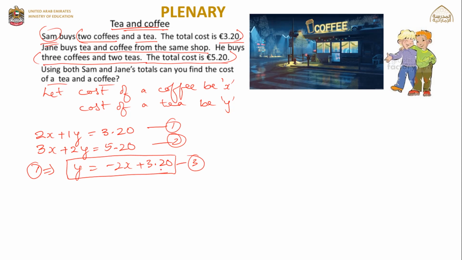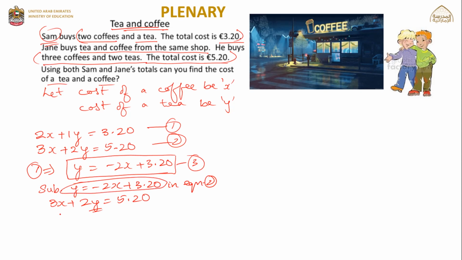Then we are going to substitute this equation 3, the value of y, in equation 2. So substitute y equal to negative 2x plus 3.20 in equation 2. What is equation 2? Write your equation. Your equation is 3x plus 2y equal to 5.20. Replace the value of y with negative 2x plus 3.20.